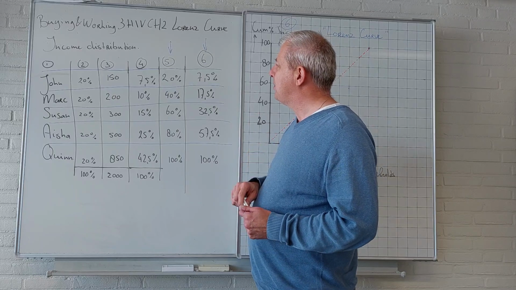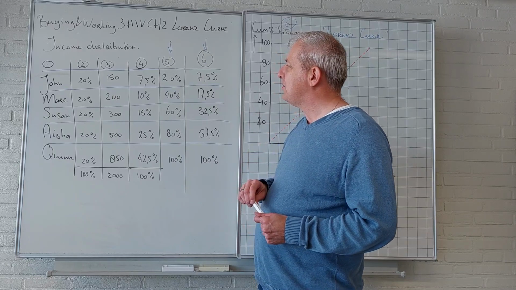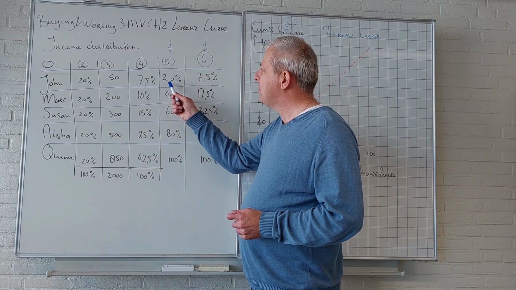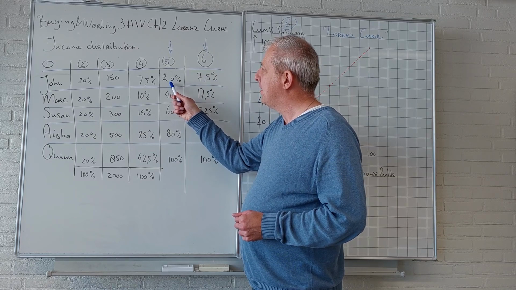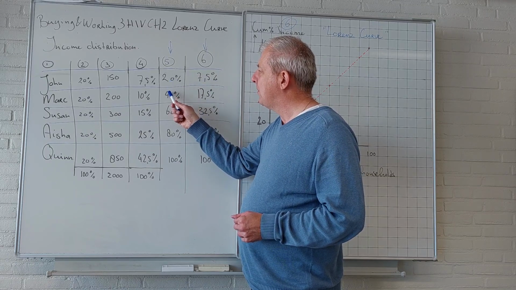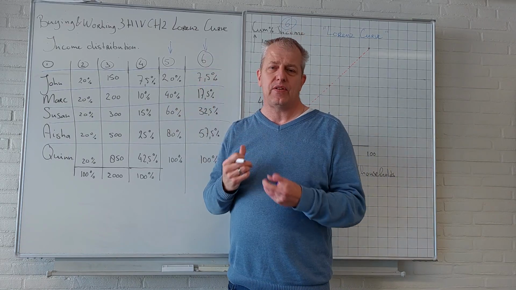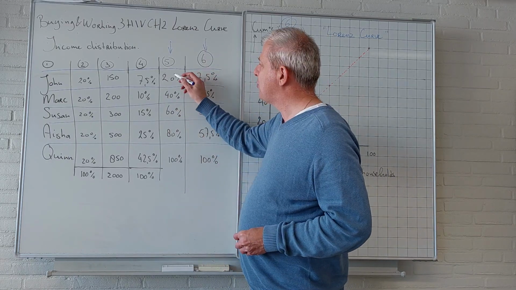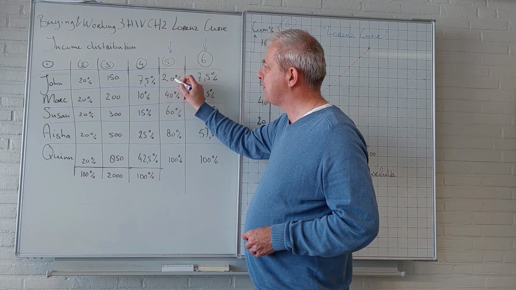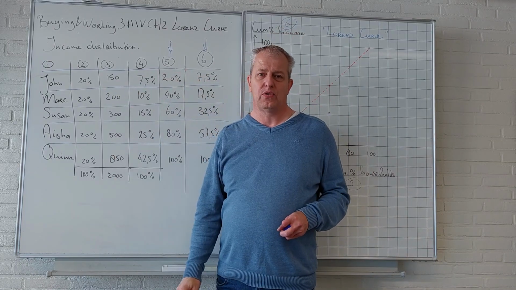Step 5, which you have to take, is that you tell the cumulative percentage of the households. So that means you add them up. So that means that John consists of 20% of all the households.